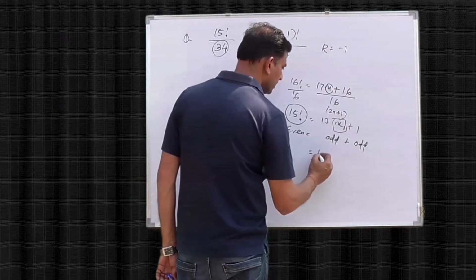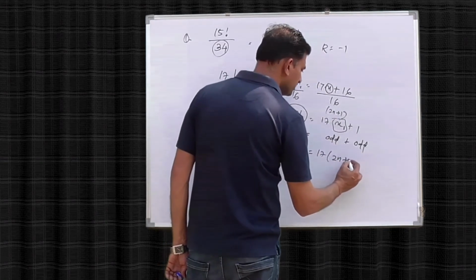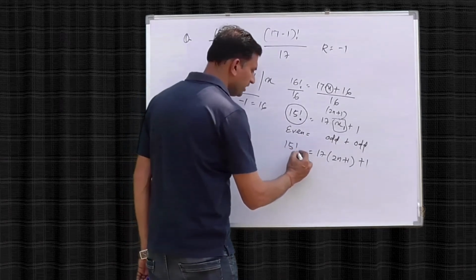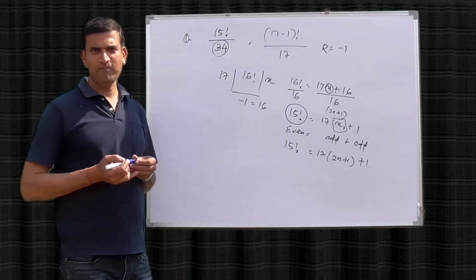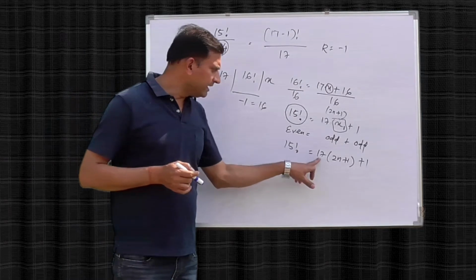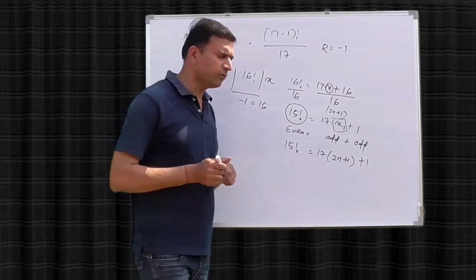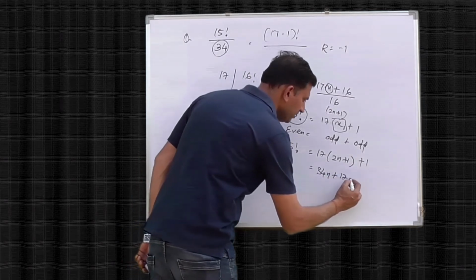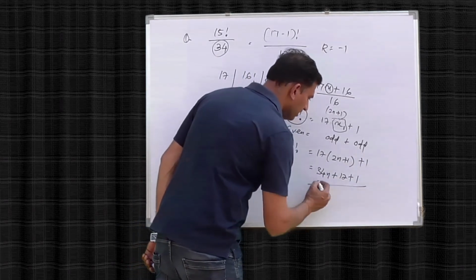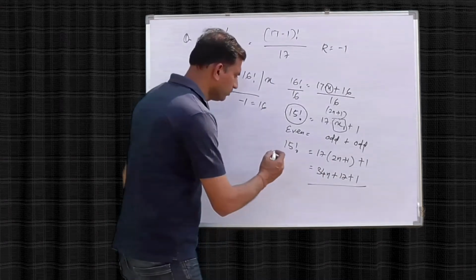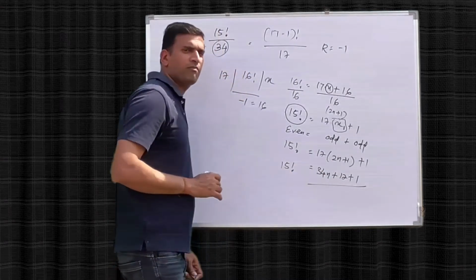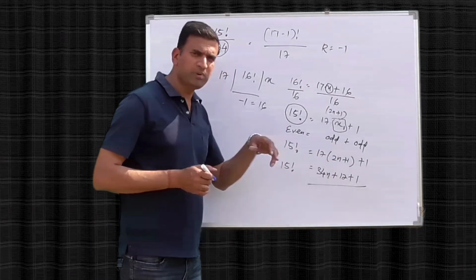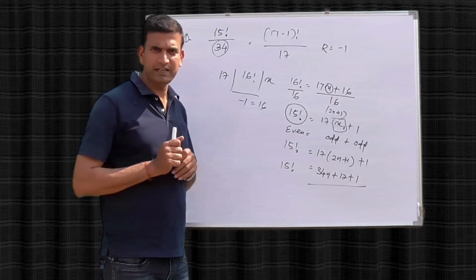I can write down this one as 17 into (2n plus 1) plus 1 equals 15 factorial. Okay, now 17 into 2 means 34n. 34n plus 17 plus 1 equals 15 factorial. Now this is 34n plus 18.